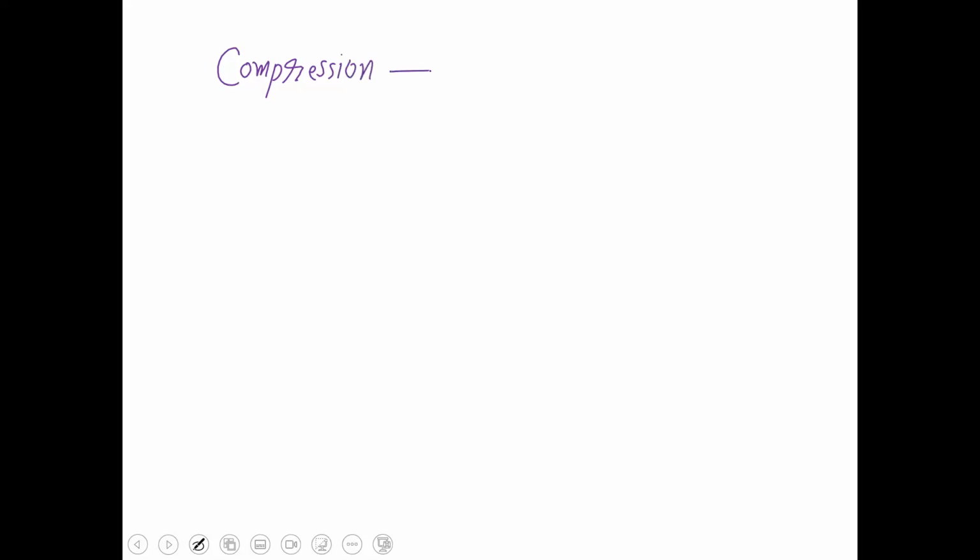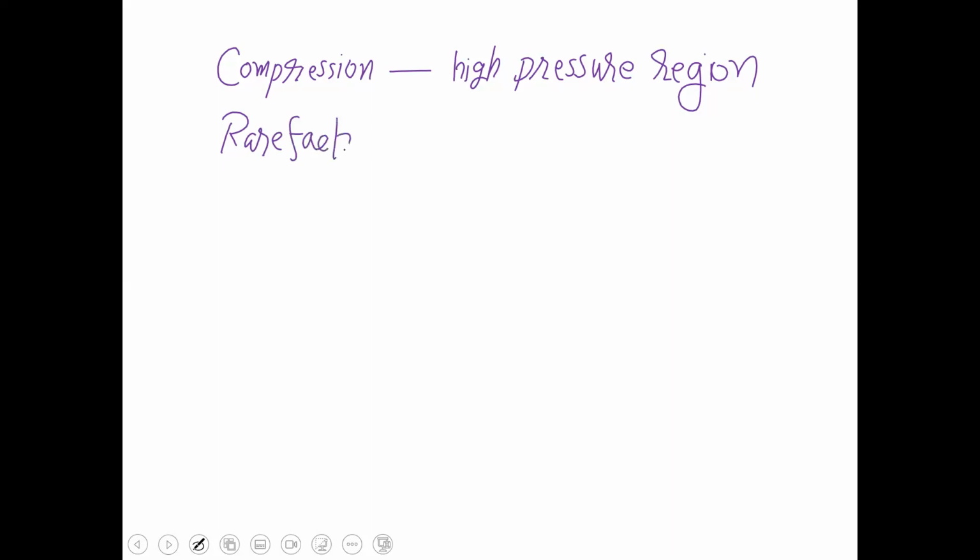So compression, when a longitudinal wave travels, it is a combination of compression and rarefaction.